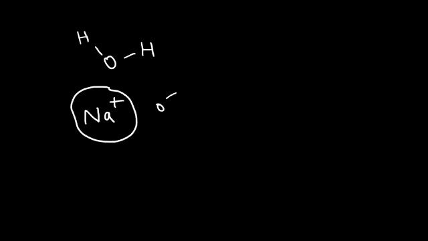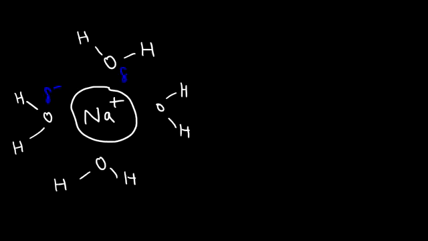Notice that the oxygen part of water is facing sodium. Remember, opposites attract. Oxygen has that partial negative charge, and so it's attracted to the positively charged sodium cation. So at this point, the sodium ion is dissolved in water. It's surrounded by water molecules.